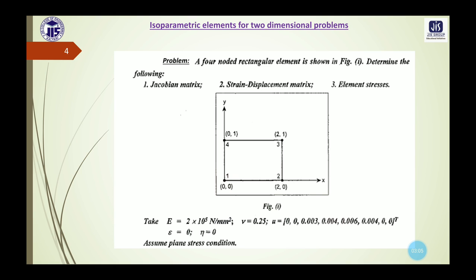So these are the three different things we need to calculate, which are Jacobian matrix, then strain displacement matrix, and the element stress for this given four-noded rectangular element.